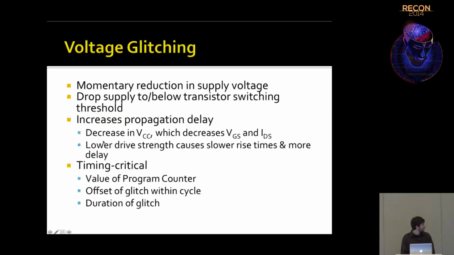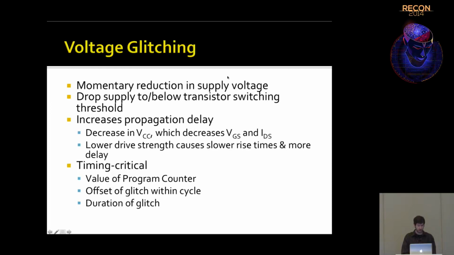And because you've got a lower current drive strength, this causes a slower rise time, and if you've got a slower rise time, it's going to take longer for the signal to propagate through the device. So that's basically why the propagation delay increases as you lower the voltage.